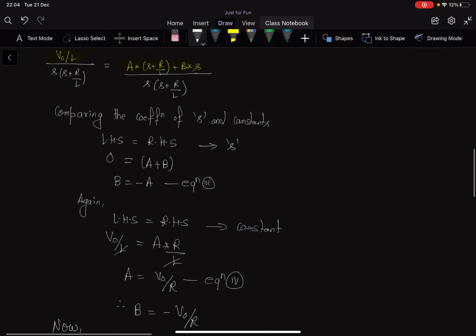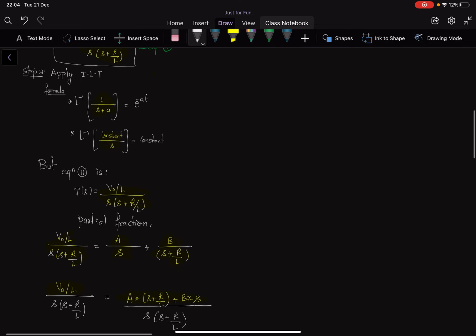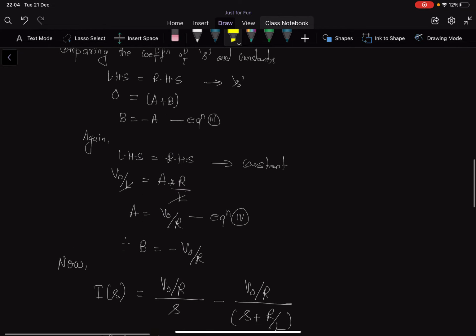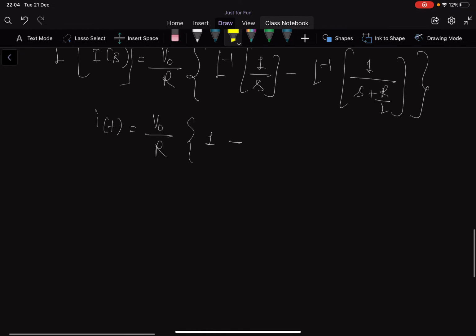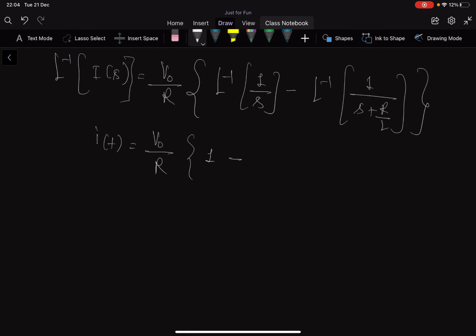If you look at the formula, where is our formula here? The formula is here. Our a value is R over L, which means it's going to be e power minus R over L t.